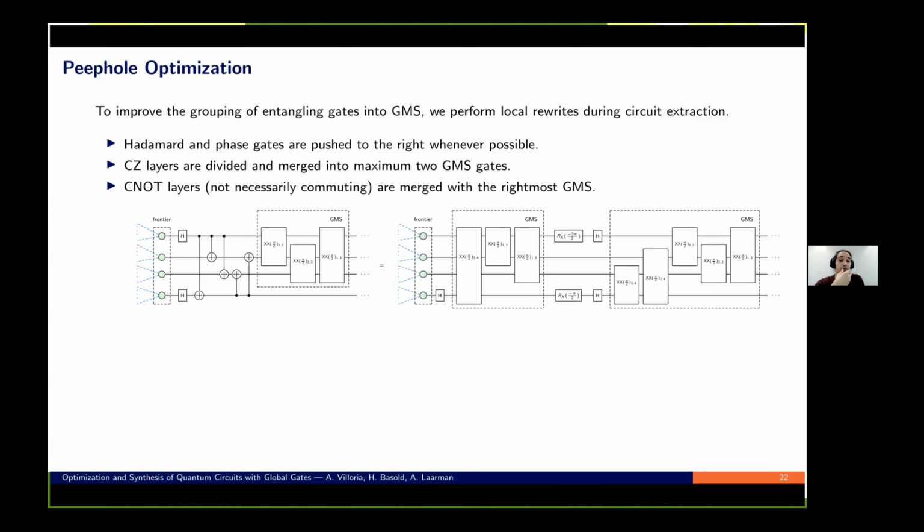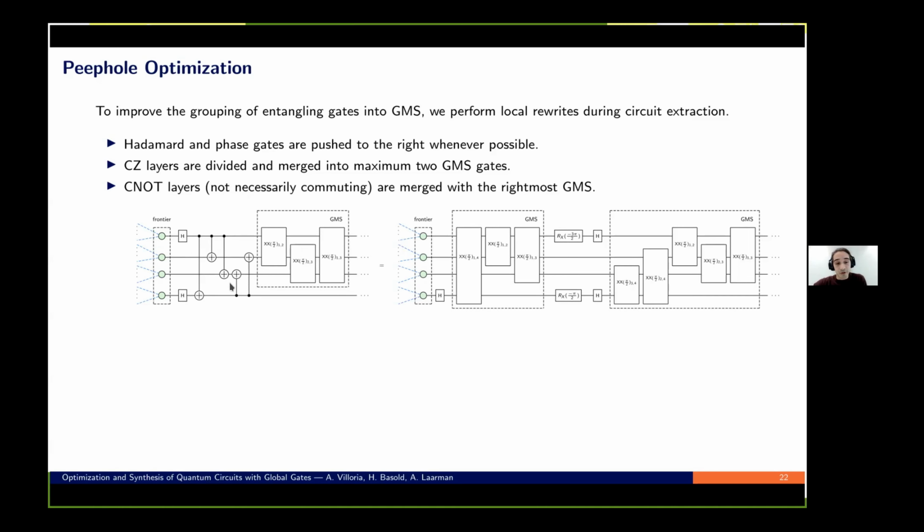You can see here, for example, that if we were to extract these 5 CNOTs that we have here, these do not commute, because the first 2 CNOTs on the right have a control that serves as a target later. So you will need 2 global gates to compile this layer, one for these 2 qubits and then one for these 3.